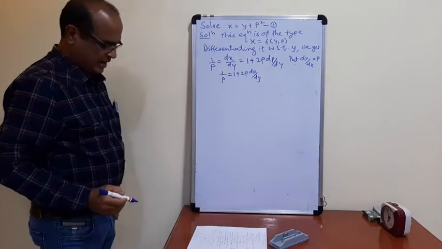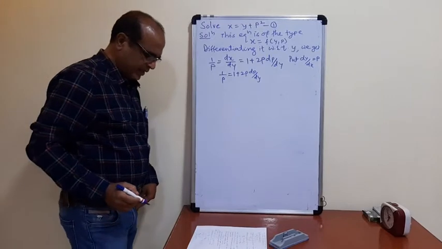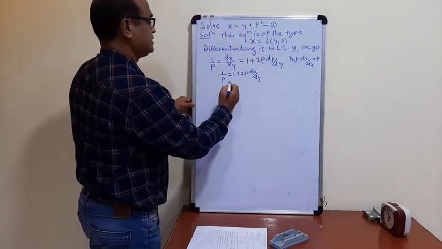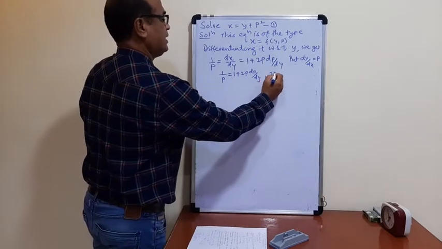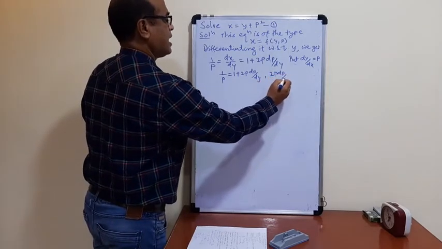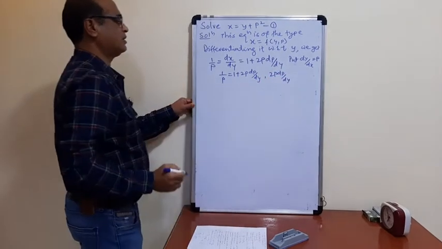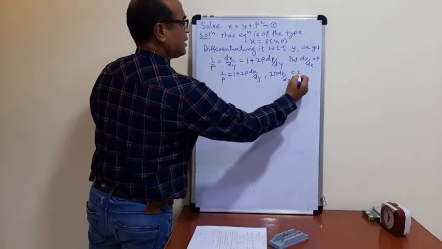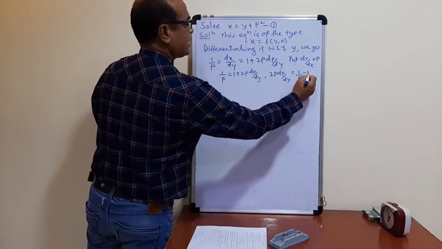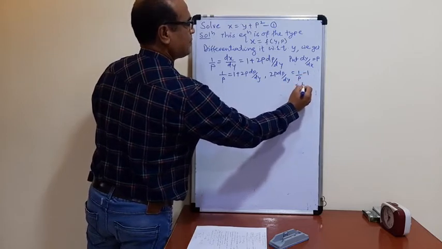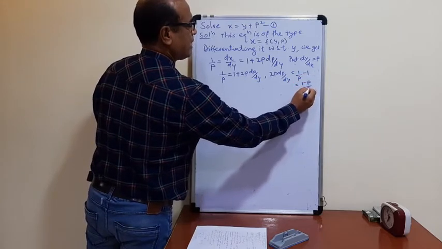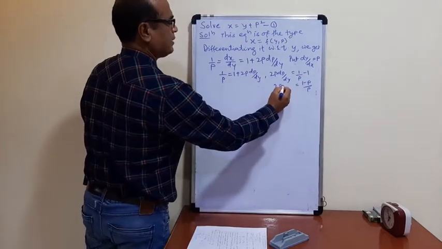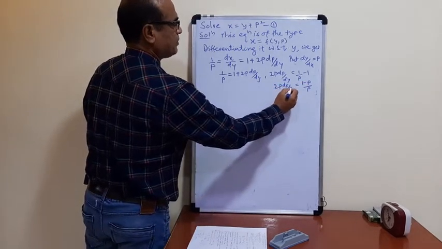It's so very simple. So then what happened here? 2p dp by dy. We solve this equation. 2p dp by dy is equal to 1 upon p minus 1. So this is 1 minus p divided by p.